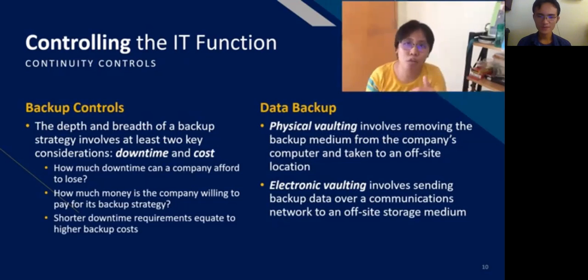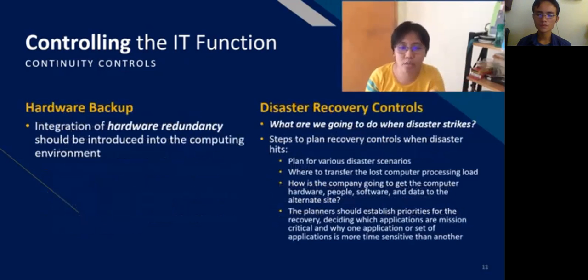Of course, this is to add another layer of security to our company information and data within our premises. So one way to control it is hardware backup, wherein we integrate hardware redundancy, which is one way we introduce hardware backup as a way to control the IT function.